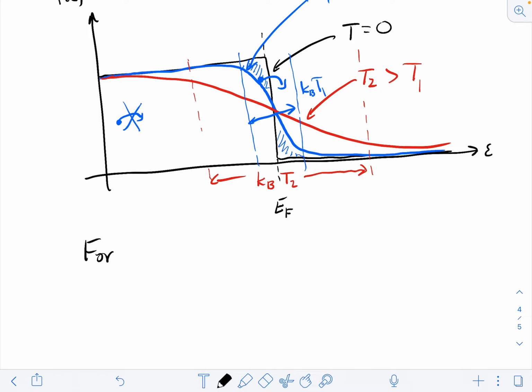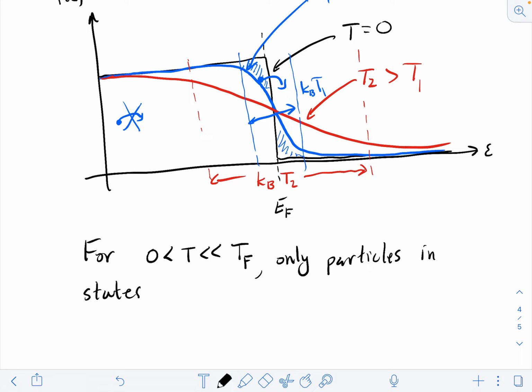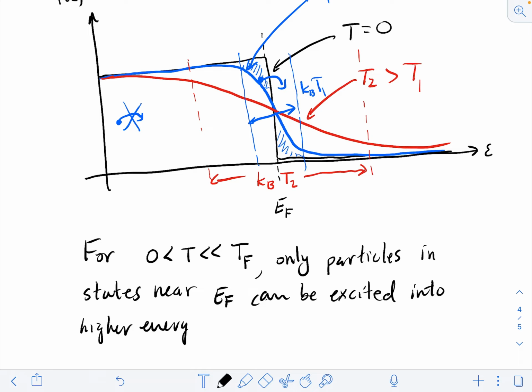Okay, so for temperatures much less than the Fermi temperature, only particles in energy states near the Fermi energy can be excited into higher energy states.